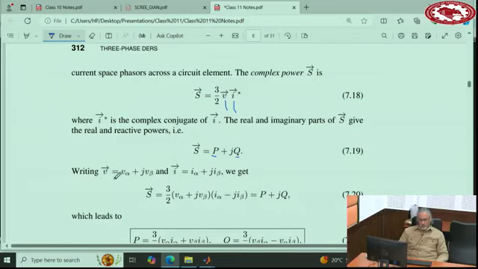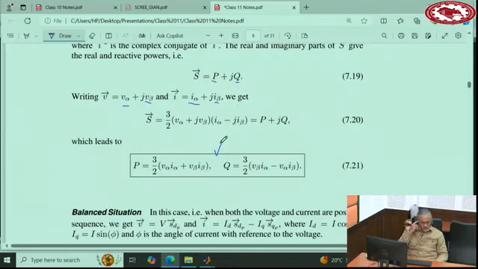And voltage has a real part, we call it alpha, an imaginary part, which has beta, and the current also has a real part, alpha, imaginary part, beta. If you put it here and do the multiplication, you come to these two very important equations, V alpha I alpha plus V beta I beta into 3/2 for P, and V beta I alpha minus V alpha I beta for Q.